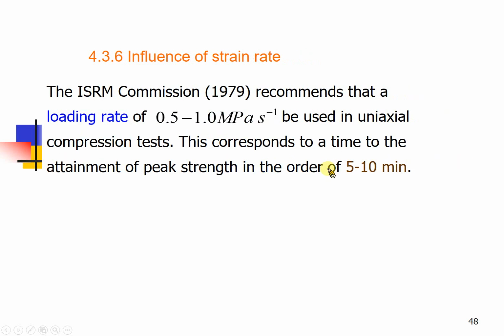Then there is the influence of the strain rate on the stress-strain curves. We are talking about the many influence factors on the stress-strain curve of rocks. The strain rate will influence the stress-strain curve, but it is not so significant within a certain range.